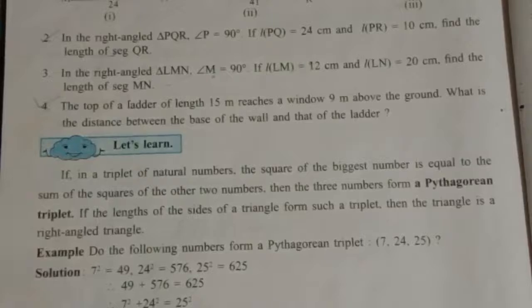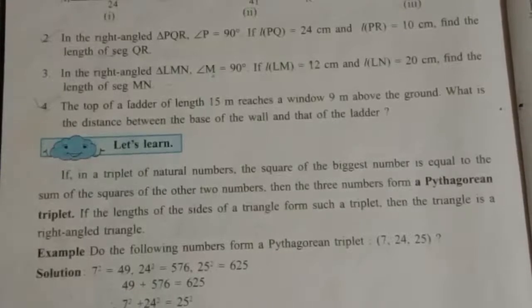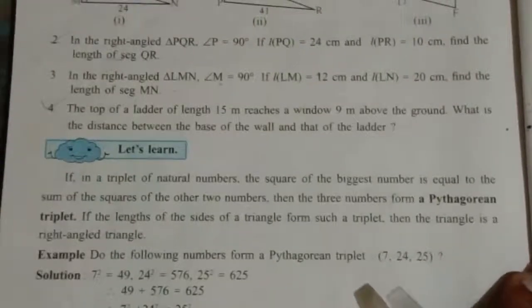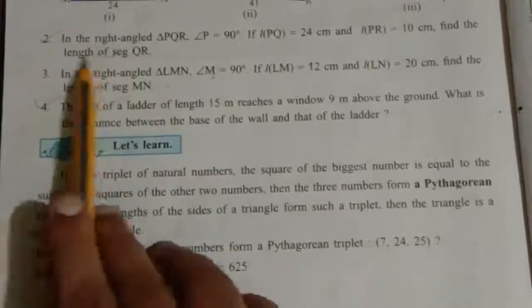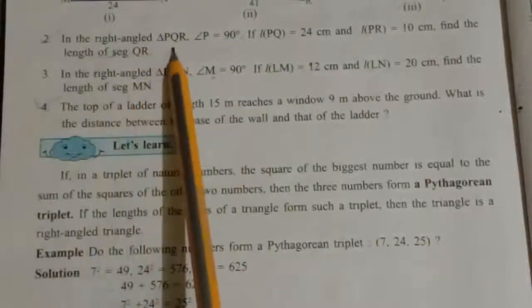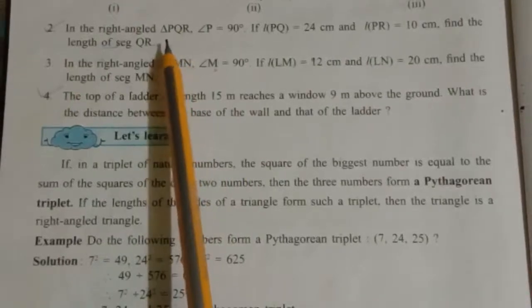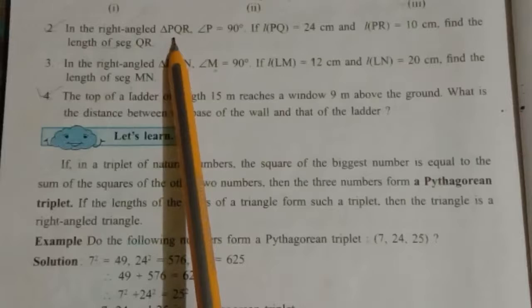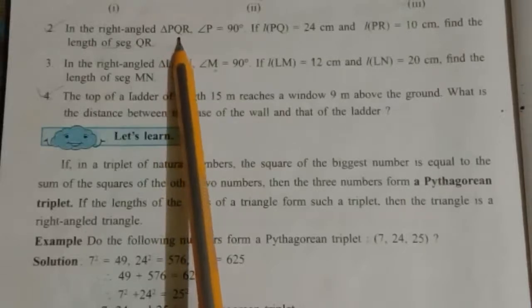So now let us begin with question 2 of practice set 48. First let us read the question. In right angled triangle PQR, which means we have to construct a triangle, the diagram is not given, and that triangle's name will be PQR.